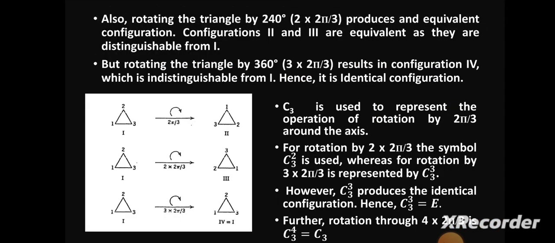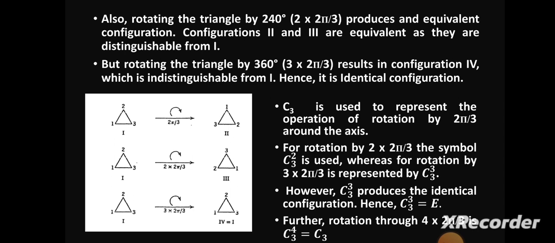Now, rotating the same triangle by 240 degrees or 2 times 2 pi by 3 results in the configuration denoted by Roman numeral 3. So configurations 2 and 3 are not the same as configuration 1. They are equivalent configurations as they are distinguishable. But when we rotate the same triangle by 3 times 2 pi by 3, or 360 degrees, it results in configuration 4, which is actually indistinguishable from 1. So we call that an identical configuration.